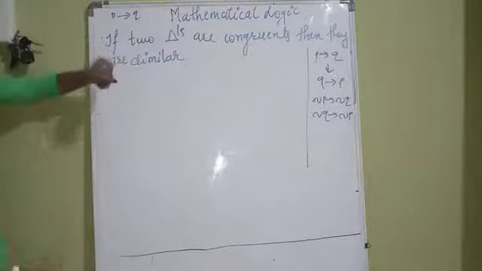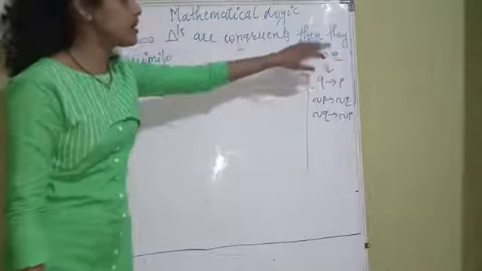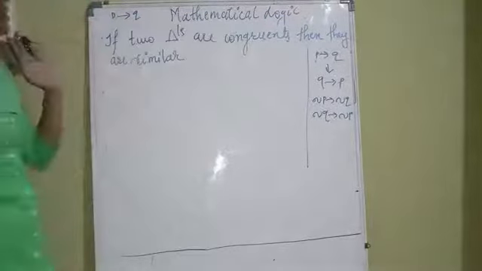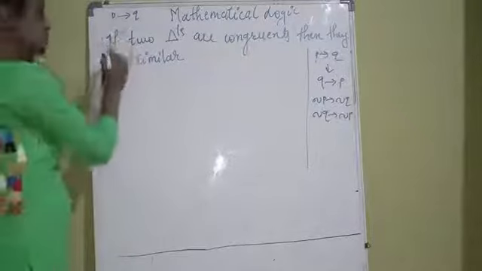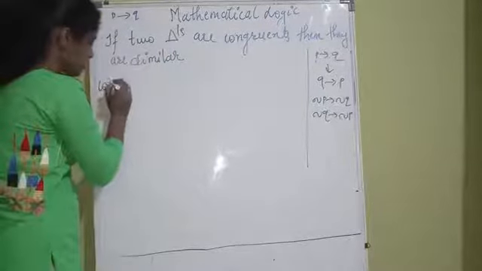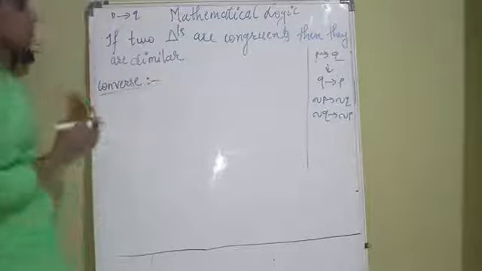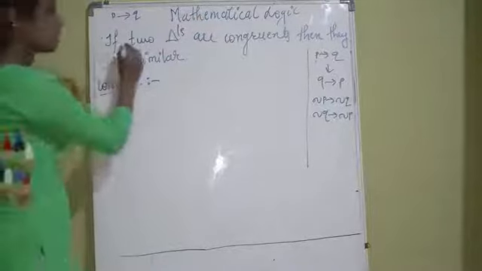Now we have one statement, if P then Q. If two triangles are congruent, then they are similar. Okay. So how can we write the converse of this statement?